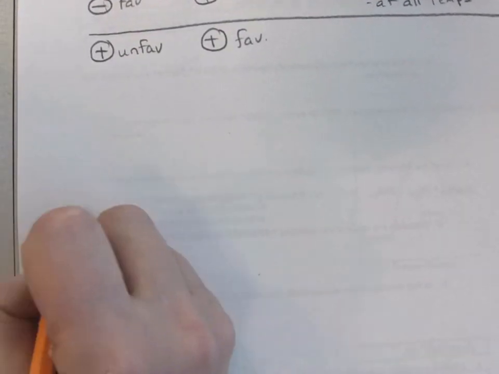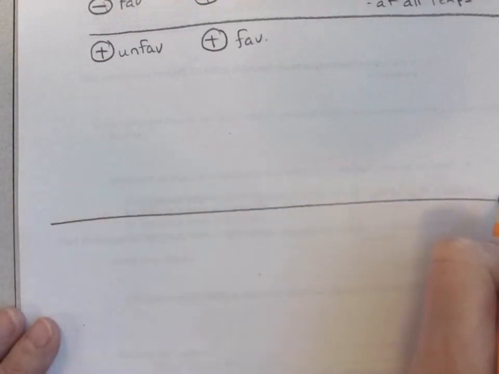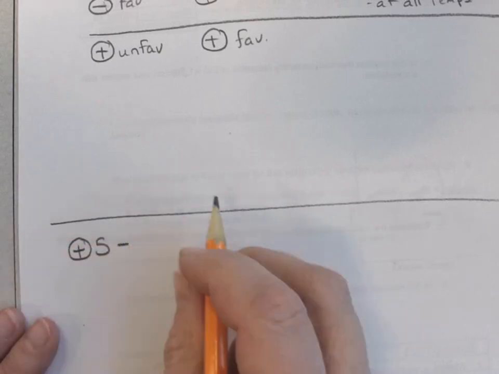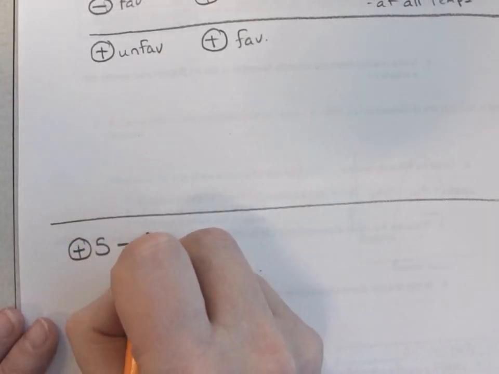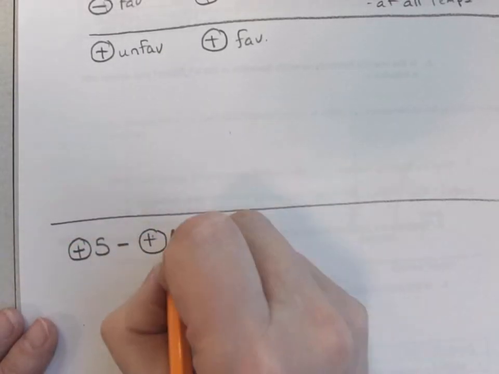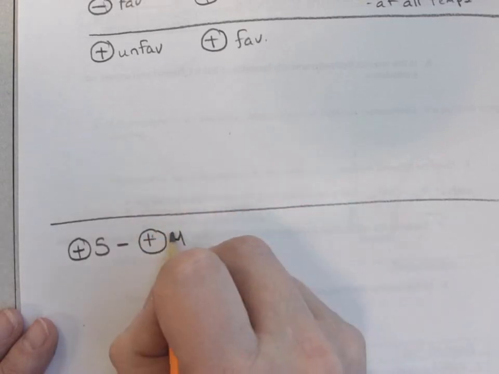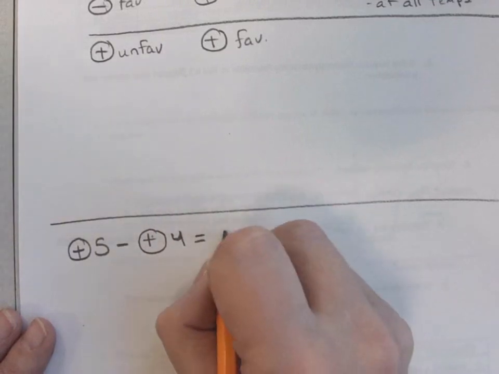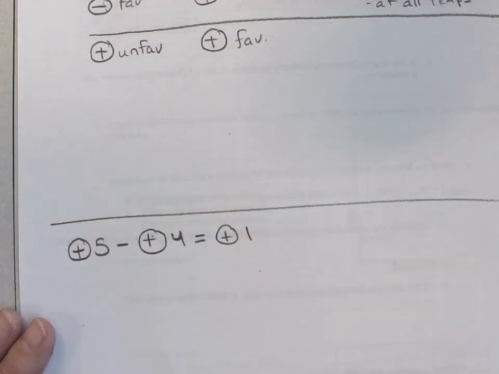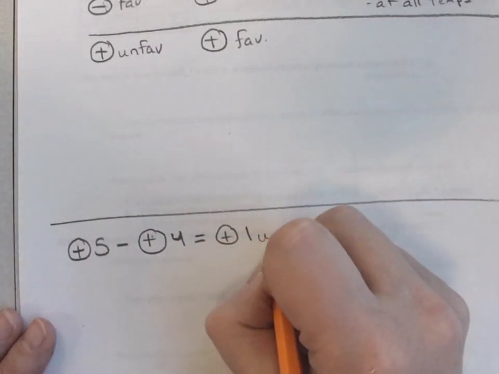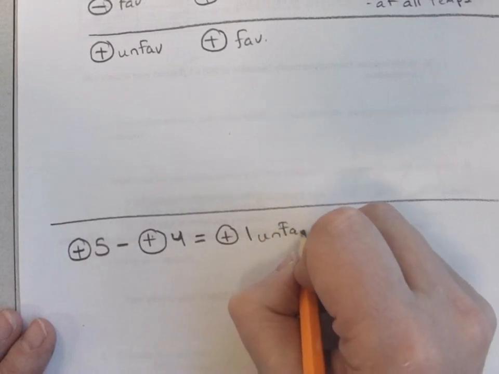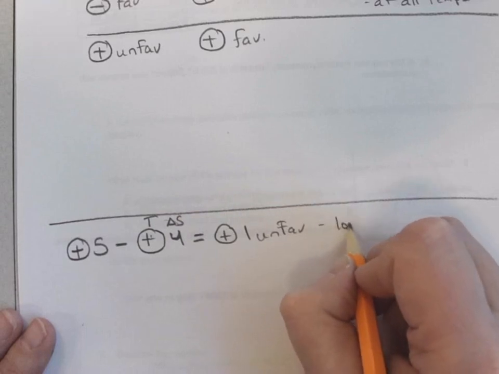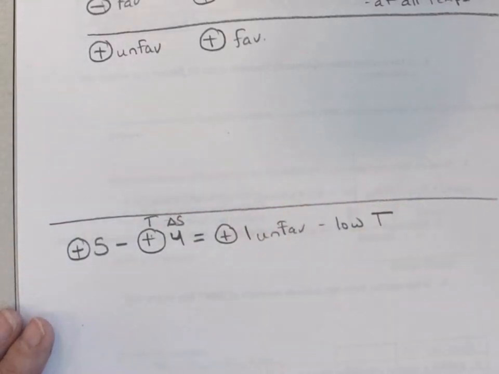So if we have a positive 5 minus a positive, let's make a smaller number, 4, what do we get? Positive 1. Is that favorable or unfavorable? Unfavorable. Okay. And our T delta S part was low, right? So let's say that's at a low temperature.